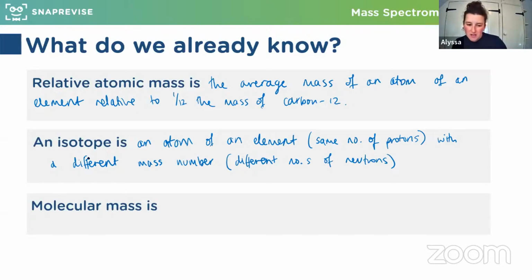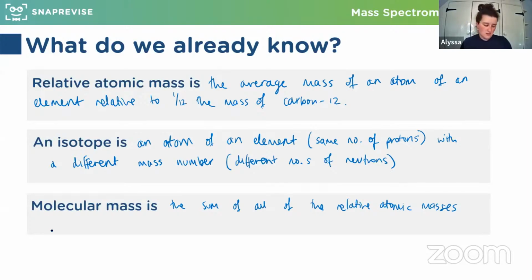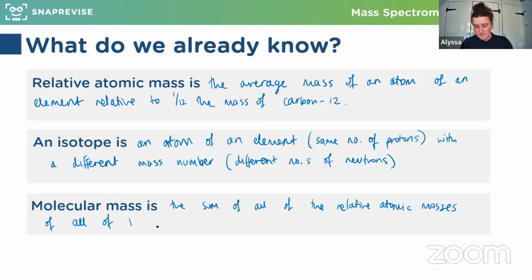I'm sure you are. Yeah, lovely, Dominic. So molecular mass is the relative atomic masses in a molecule all added up. Yeah, brilliant. Lovely. So it's the sum of all of the relative atomic masses of all of the atoms in a molecule.